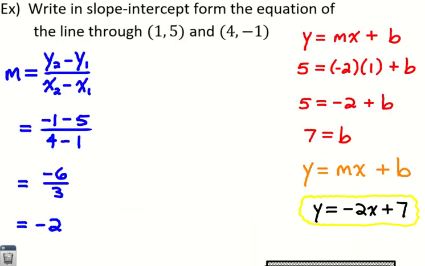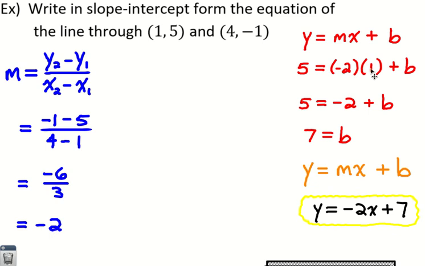The only new plot twist was that we had to find m off to the side as our first step. Obviously we'd be plugging in our -2 that we found for m.